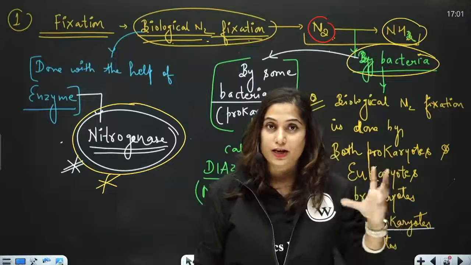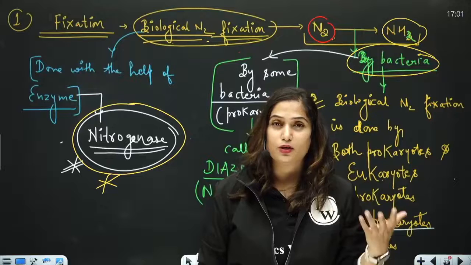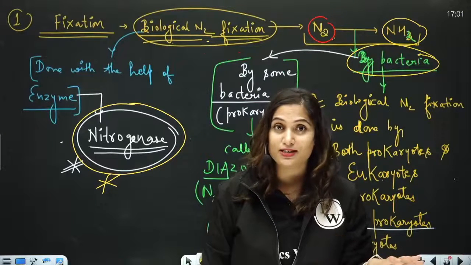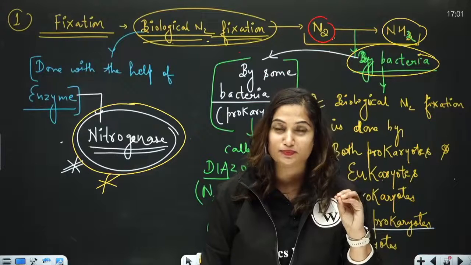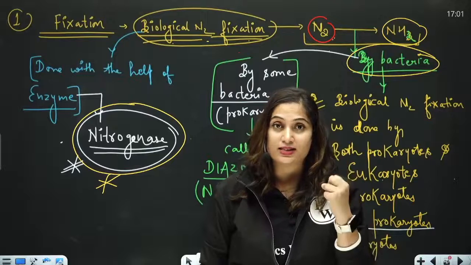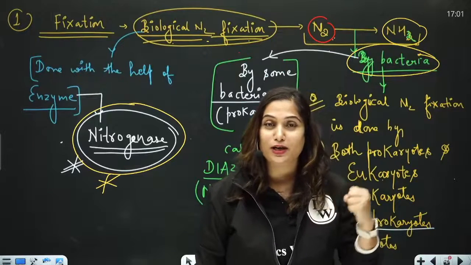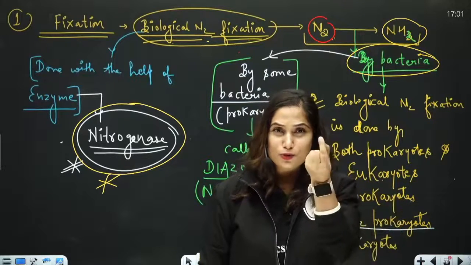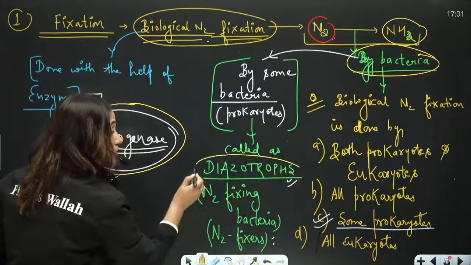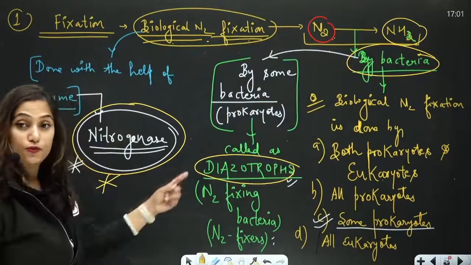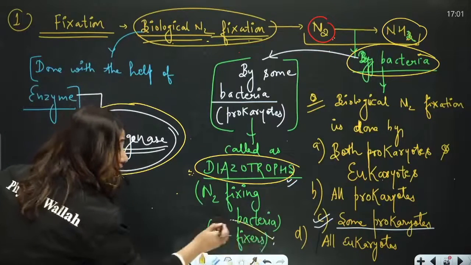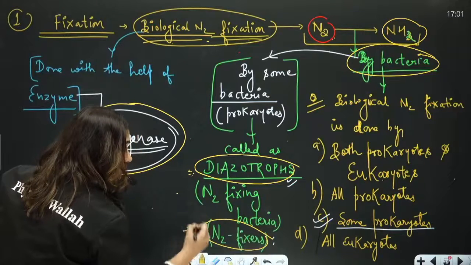And that too, not to all the bacteria, only a few bacteria on earth have this capacity to convert N2 to ammonia. And those few bacteria are called diazotrophs or nitrogen fixers.